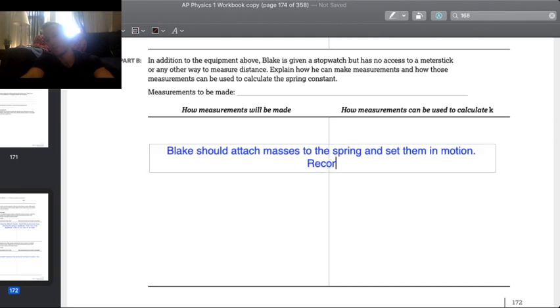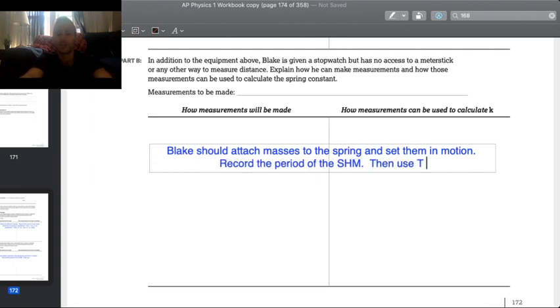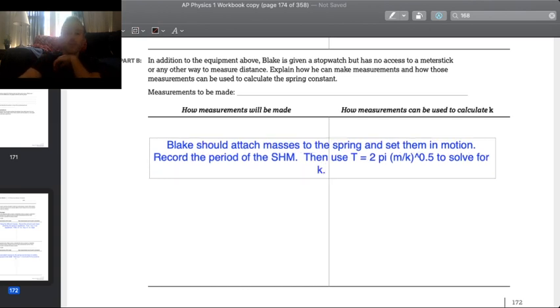Record the period of the simple harmonic motion. Then use period equals 2 pi square root of m over k to solve for k. Pretty straightforward.